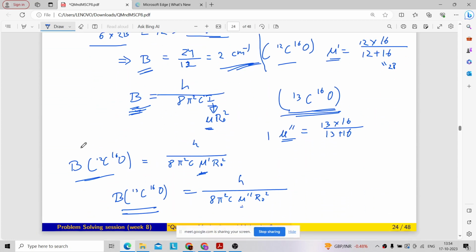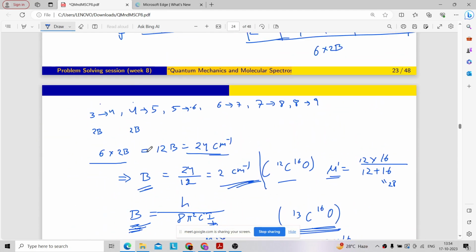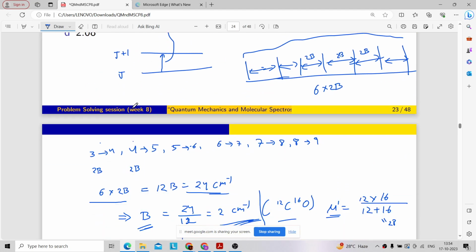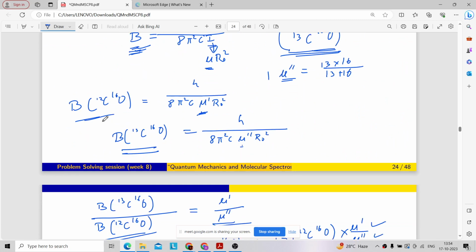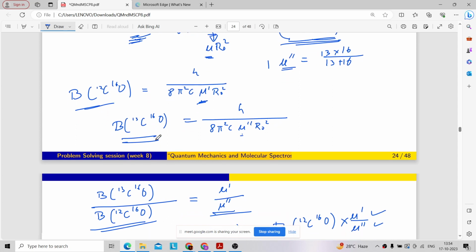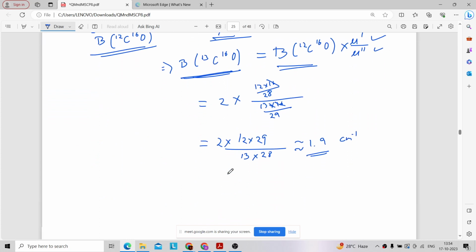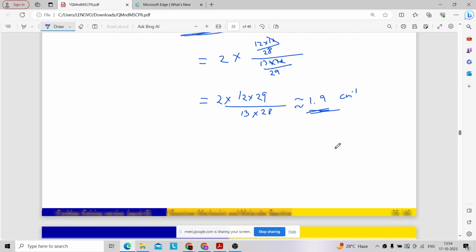It's pretty straightforward. The separation was given, so from that we calculated B, and B in terms of the reduced mass relation we know already, and we have to calculate the rotational constant of this isotopomer. Then if we take the ratio, we get it in terms of reduced mass, and after putting all the values we get this value.